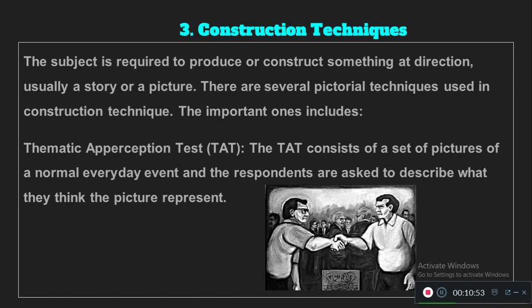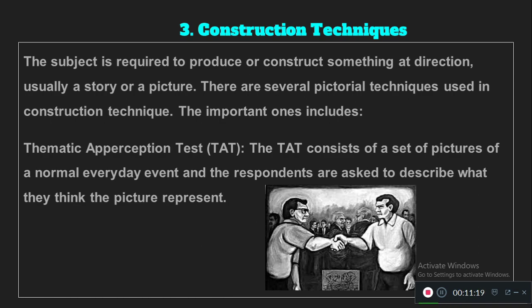For example, in this picture, two people are shaking hands. The respondent may say they both are friends, or they can say they are going to fight. So with the answer they tell, we can understand what kind of thinking is dominating in the subject's mind.